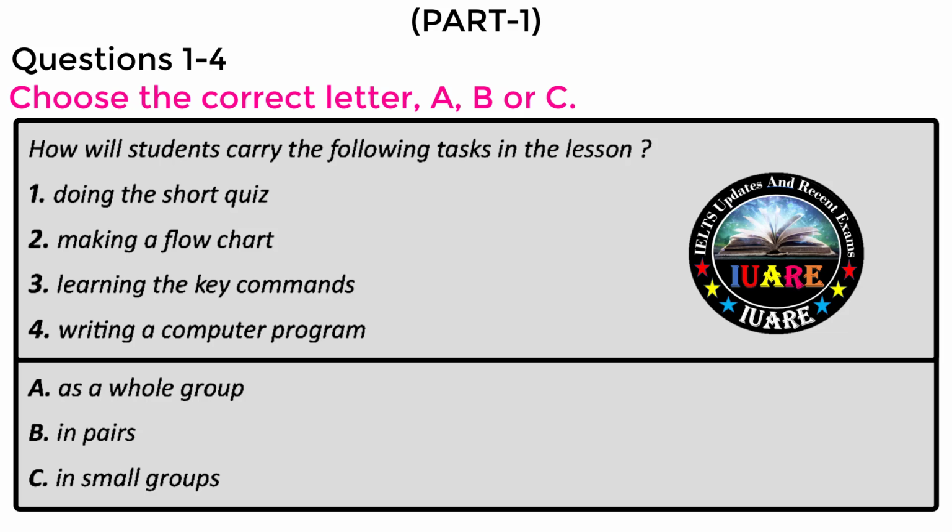That sounds good. Teenagers love competing with each other. Exactly. And then, for the final part of the lesson, they use their flowchart and the commands they've learned to produce the program. Let's presume, shall we, that there are 8 computers in the room, so that's 2 students for each computer. That sounds reasonable.